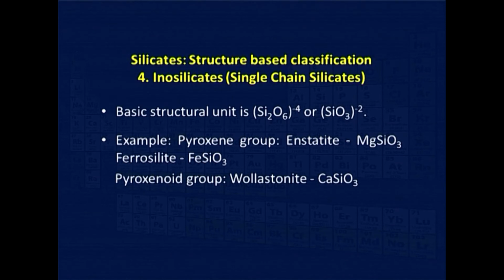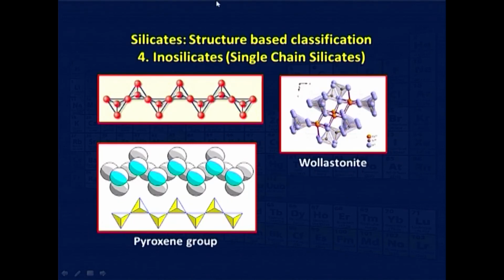Not only pyroxene, but also the pyroxenoid group, where wollastonite is the best example, a calcium silicate having the single chain type of silicate structure. This is the formation of the single chain silicate in the pyroxene group, and this is the presentation of the wollastonite mineral having the single chain structure.